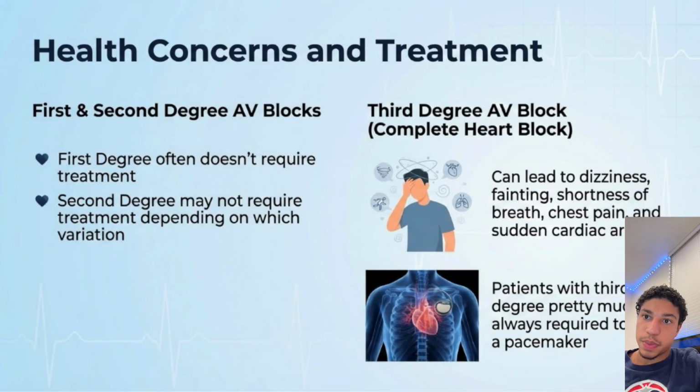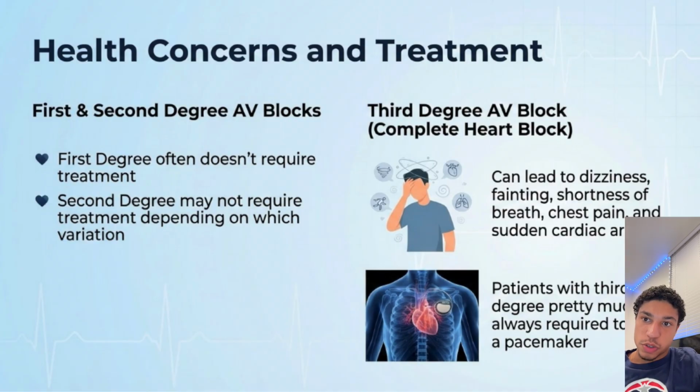So for health concern and common treatment, the severity of a heart block really just depends on the degree. First degree heart blocks are usually pretty mild and don't really require treatment. A lot of people actually have this and don't even realize. A second degree heart block may or may not require treatment, depending on the type.